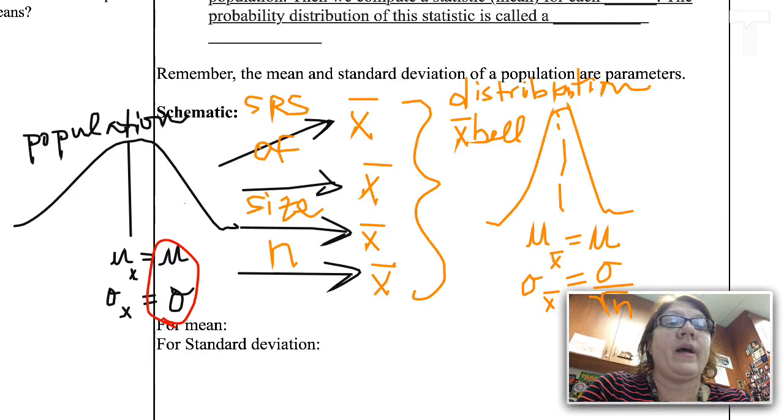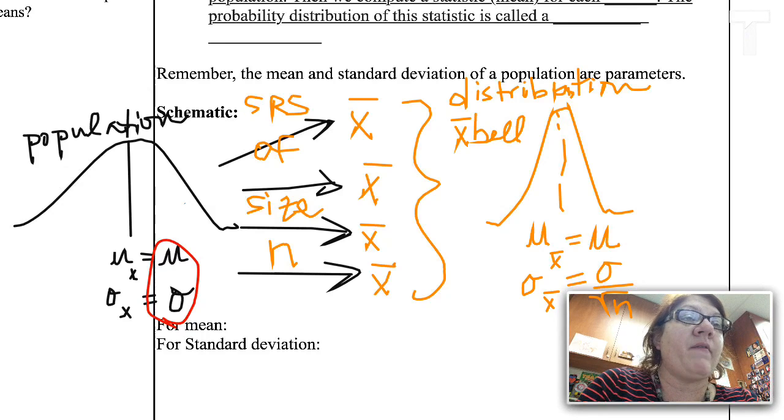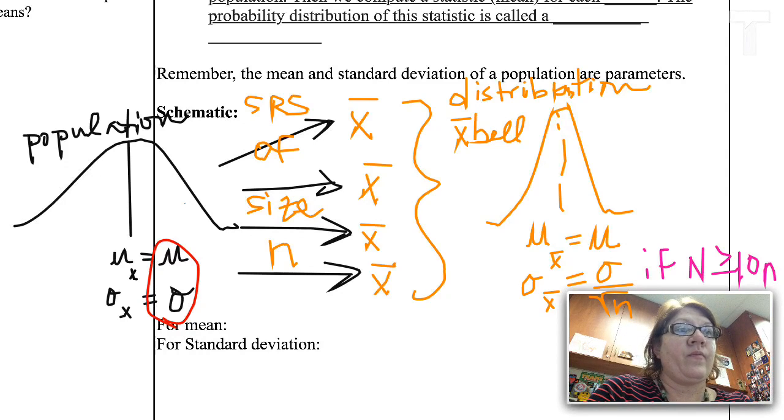But now we have one little special caveat: the population has to be greater than or equal to 10 times the sample size. So we have to add this piece every single time we start talking about standard deviations for samples.